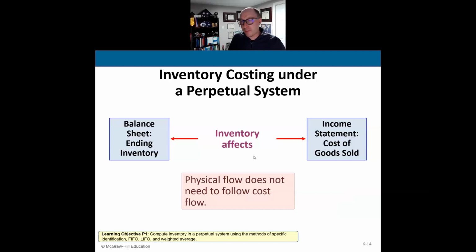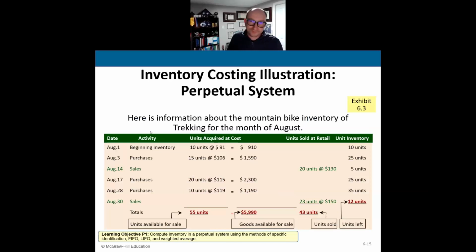In the perpetual inventory system, it continuously updates, and that means that our inventory on our balance sheet continuously updates, and our cost of goods sold on our income statement will also update on a relatively automatic basis. So in this case, the physical flow does not need to follow the exact cost flow, since it's perpetual.